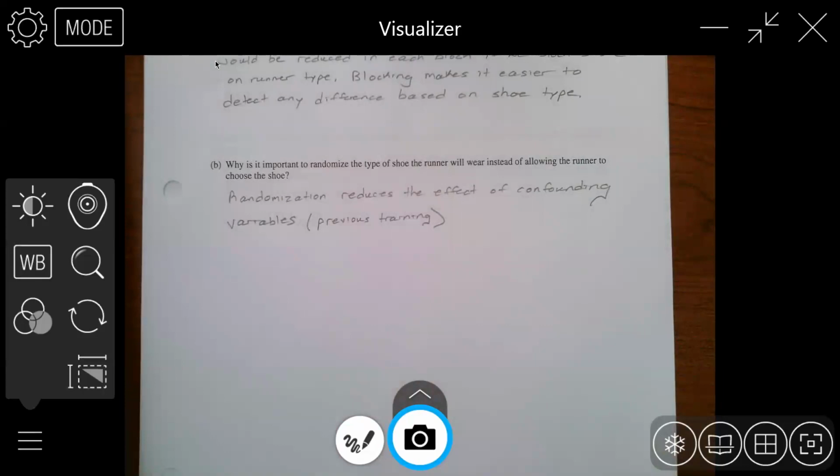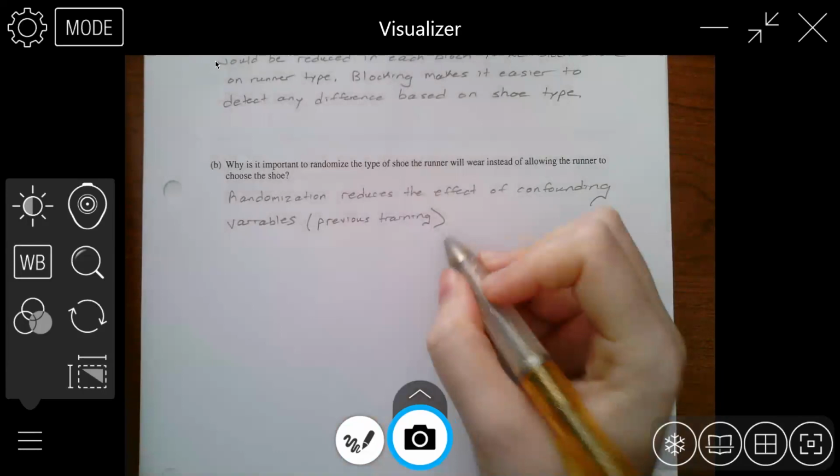So now we need to explain what that would do, right? This confounding variable, the previous training, would be associated with the response variable, the runtime, and then it would confuse the researchers, right? So I'll put that down.